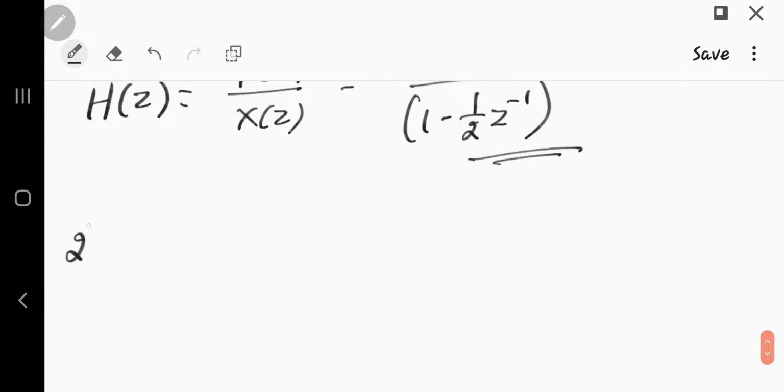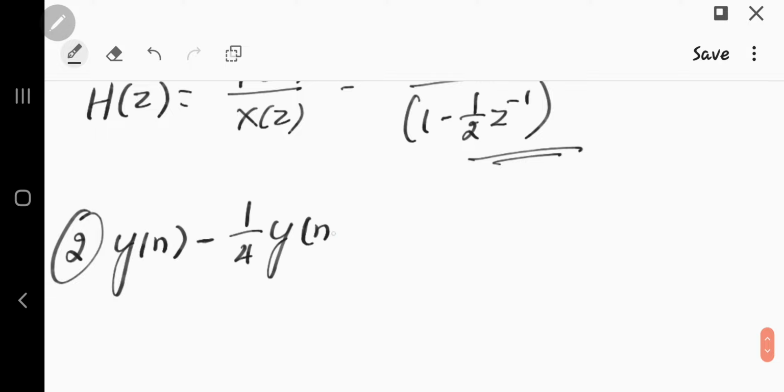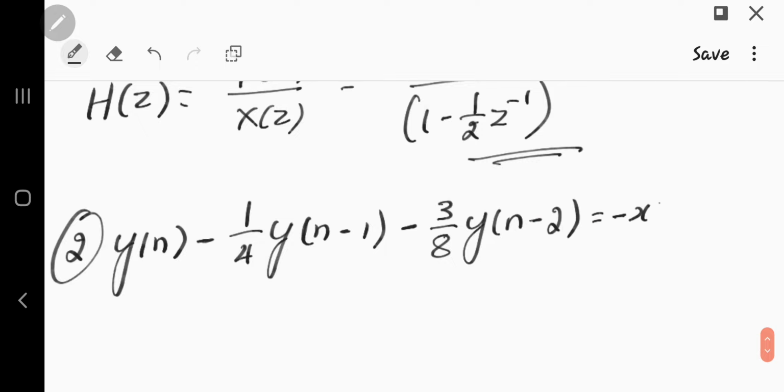Okay, so in the same way, try this one. Y of n minus 1 by 4 y of n minus 1 minus 3 by 8 y of n minus 2, that is equal to minus x of n plus 2 x of n minus 1.